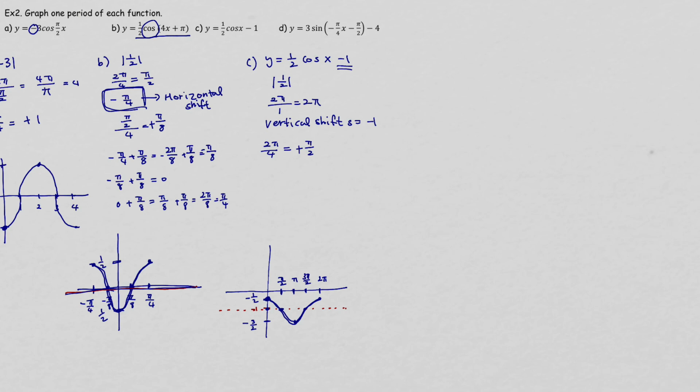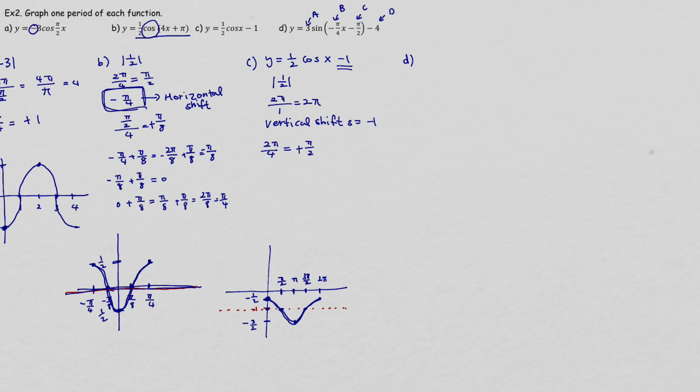Let's look at D. This time you have all the values: you have the A value, B value, C value, and D value. So you should be able to find more information here, right?